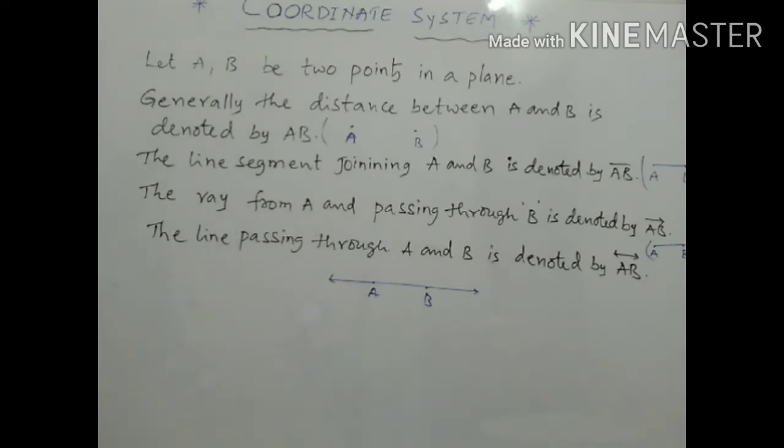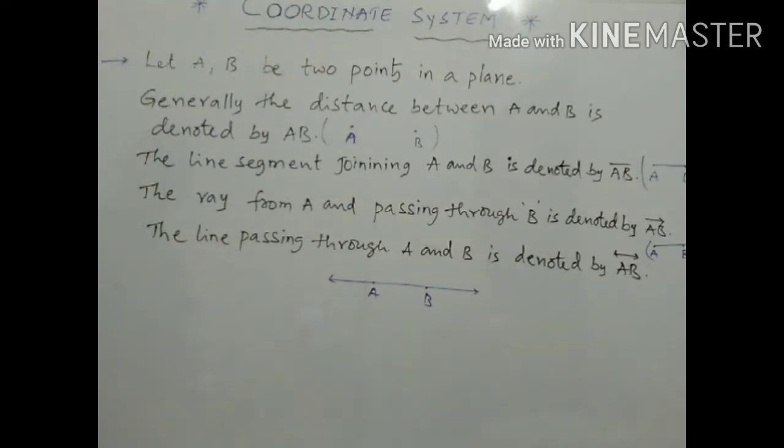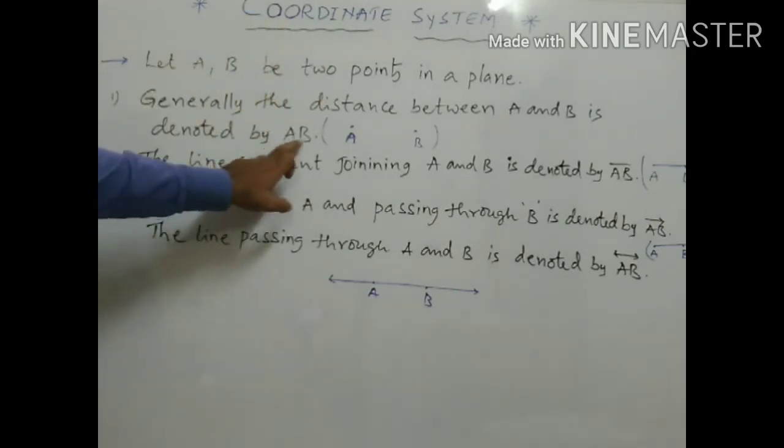First of all, let us discuss what a line is, what a line segment is, what a ray is, etc. Let capital A, capital B be any 2 points in a plane. Point number 1: the distance between A and B is denoted by AB.